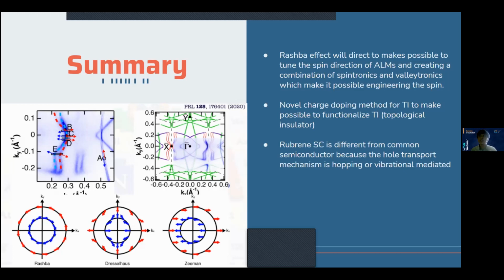If we study the hole transport mechanism of the common semiconductor, the hole transport is translational. And in the rubrene semiconductor, the hole transport mechanism is hopping or vibrationally mediated.